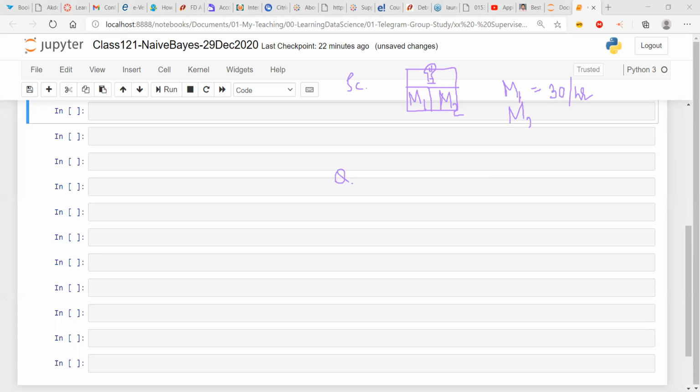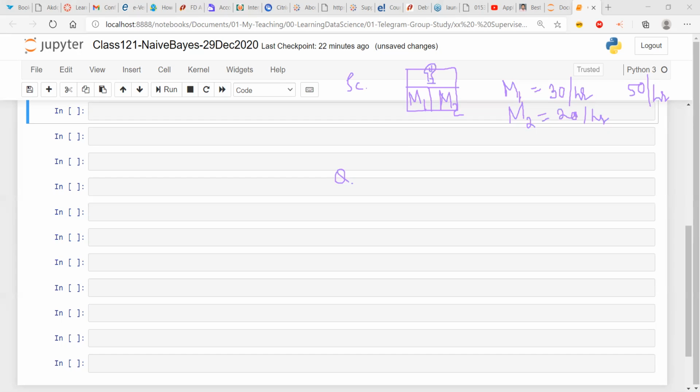Then machine number two is producing 20 bulbs per hour. It is a bit less in count, but both the machines are performing like this. I have only two machines. So in an hour, how many am I doing? 50, right? So in an hour, in total, I'm doing only 50 bulbs, right?